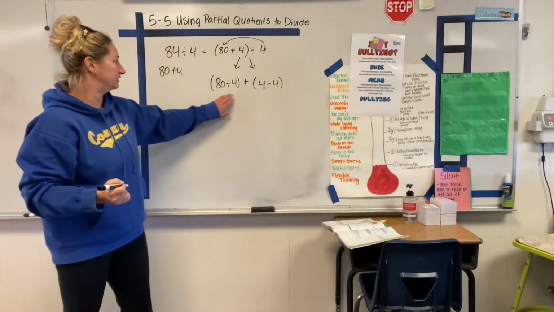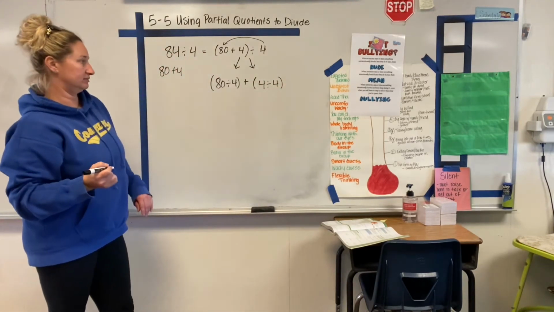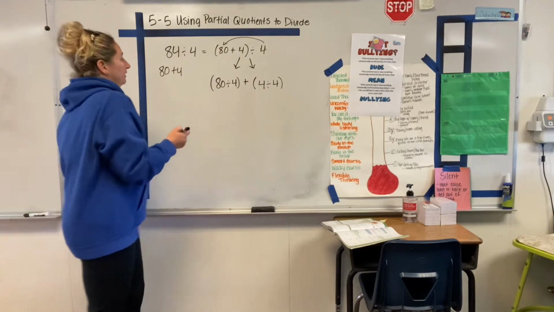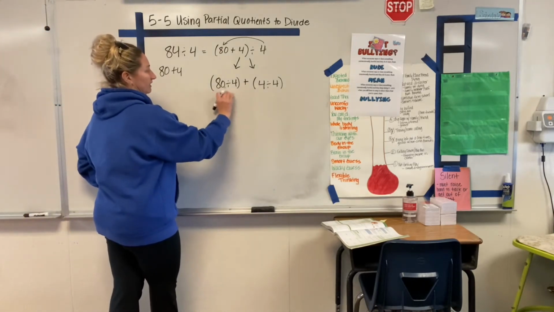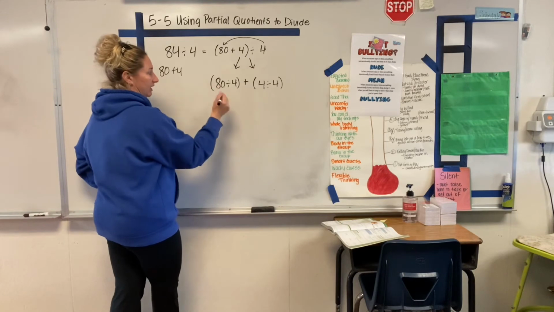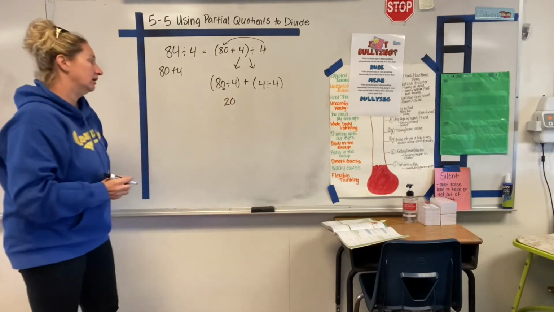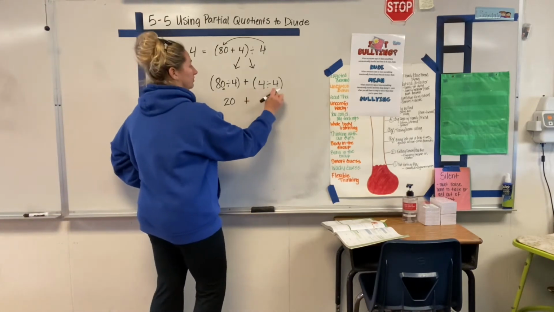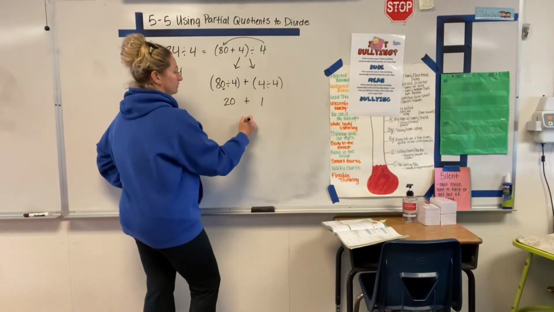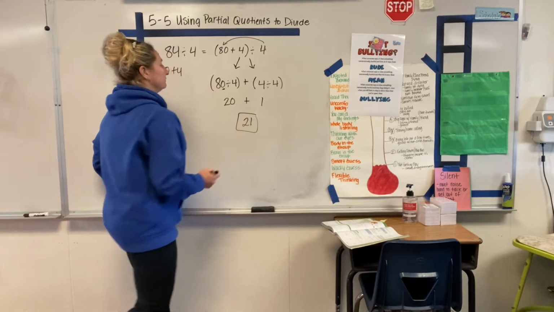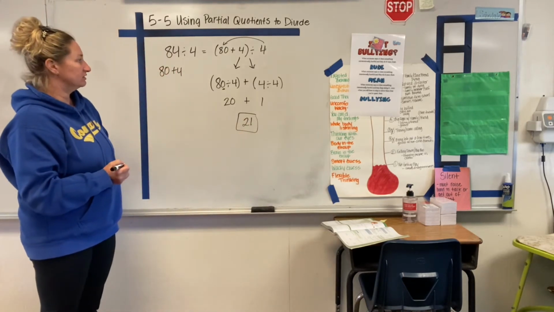Now I have 2 division problems that are easy to do in my head. 80 divided by 4: 4 goes into 8 twice, so that's 20 because of the 0 there. Plus 4 divided by 4 is 1, so 21. That's the distributive property.